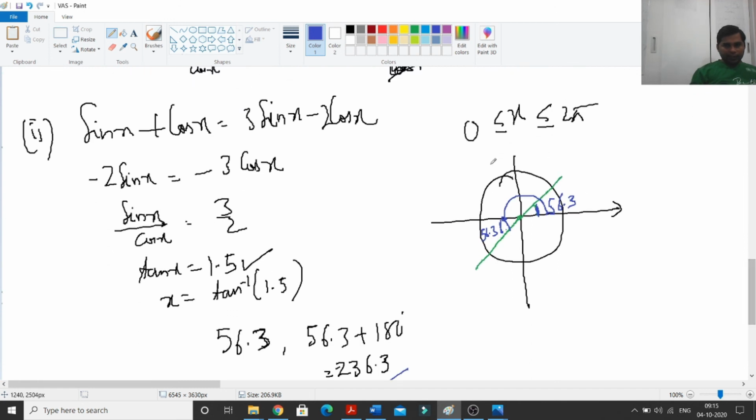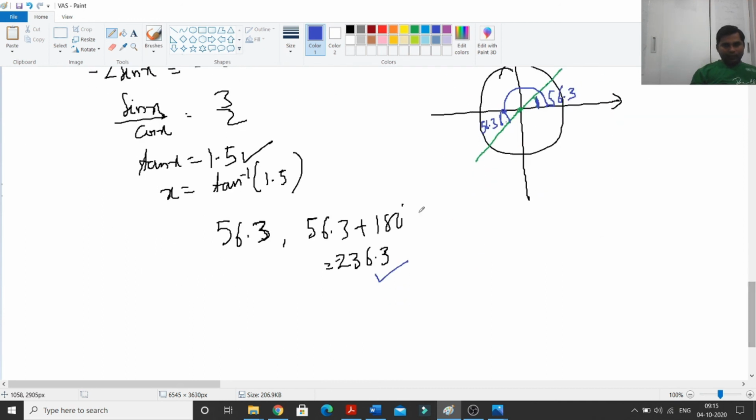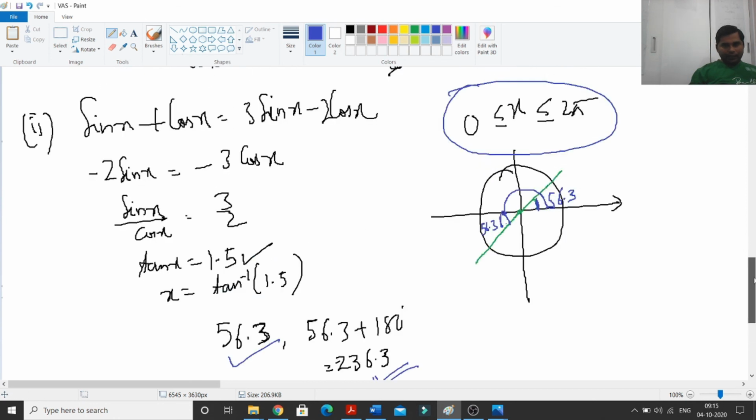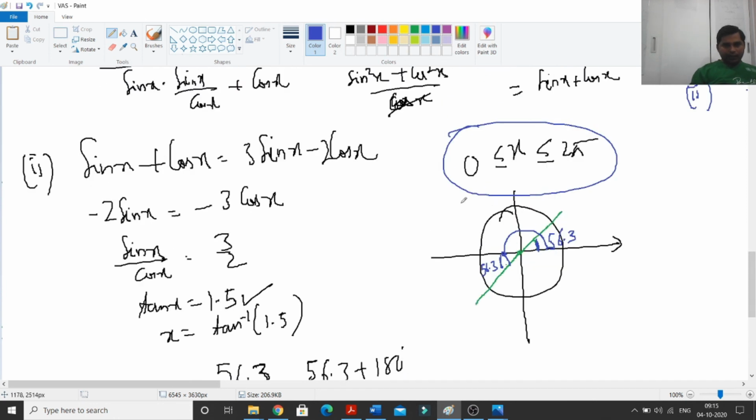In this particular question, the domain was given in terms of pi, radian form, but I wrote the answer in terms of degrees because I have not taught you radians in detail. That's why I solved for 0 to 360 degrees. It's very important to note that if the domain is given in radians, you must write the answer in radians.